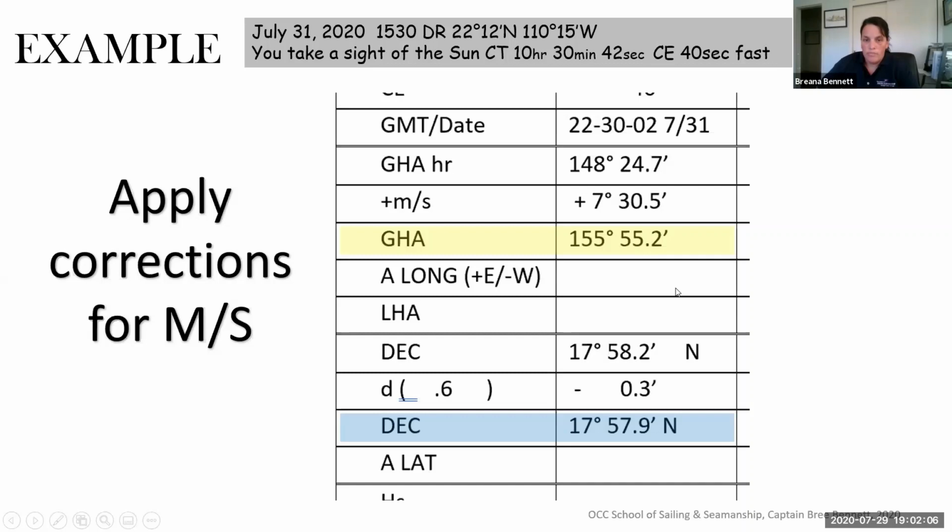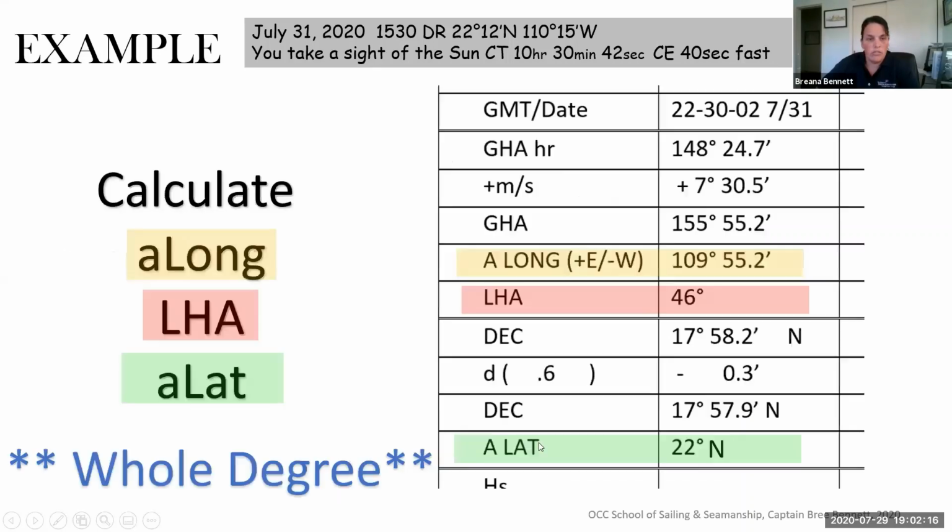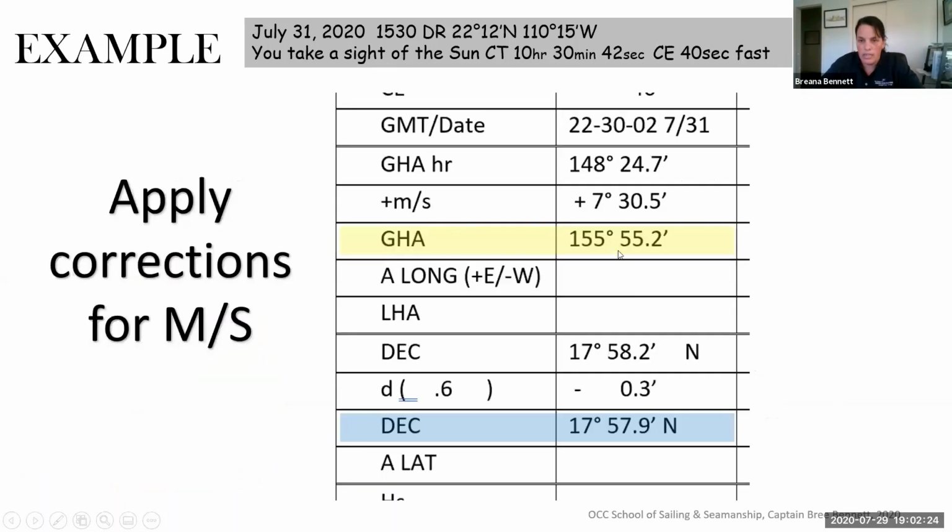So now I need to come up with an assumed longitude, that way I can get an LHA, and an assumed latitude. So here I had a GHA of 155.2.